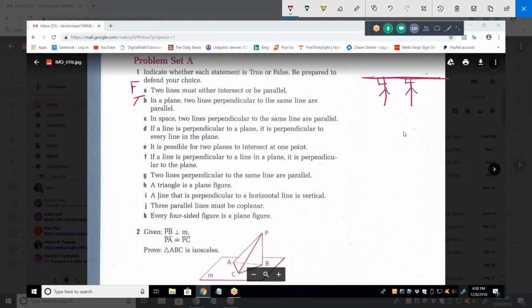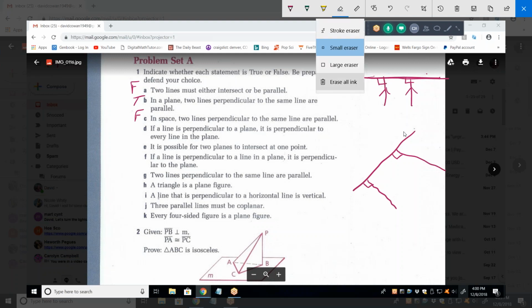Let's say we have a line like that, and we have one line that's perpendicular like that, but we have another line that is in a different plane, but it's still perpendicular to that line, and these two lines are not parallel. So you're correct. That is false.